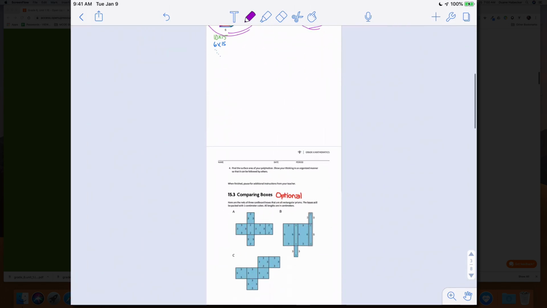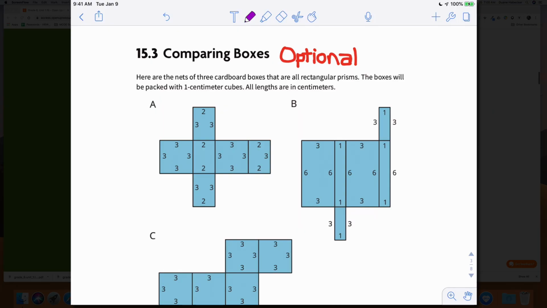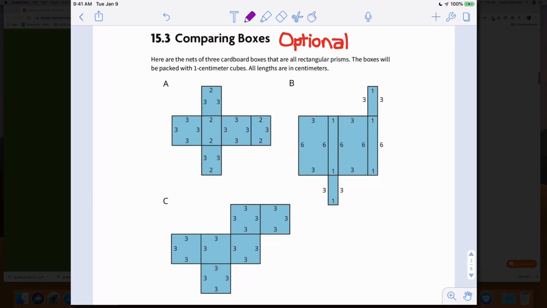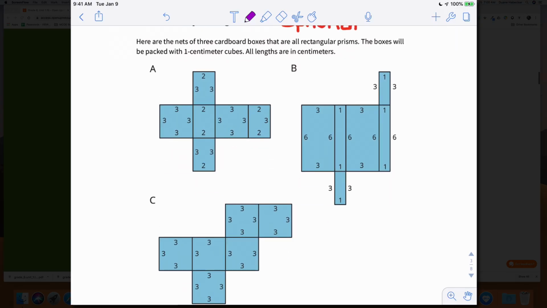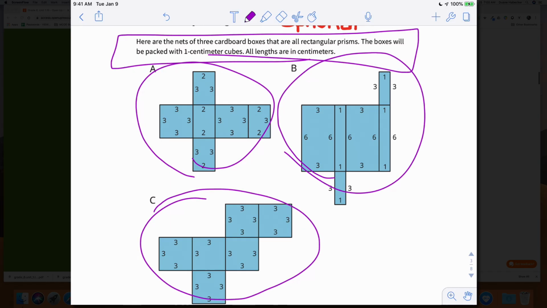All right, that's the big bulk of the assignment, of the work this day. There is a brief optional portion of this lesson if you want. The idea is we have these different nets right here with a little bit of a story saying, okay, these are cardboard boxes and they're going to hold centimeter cubes.